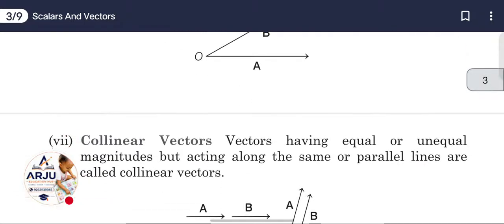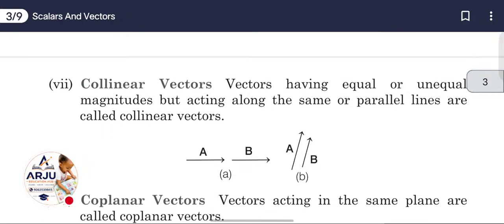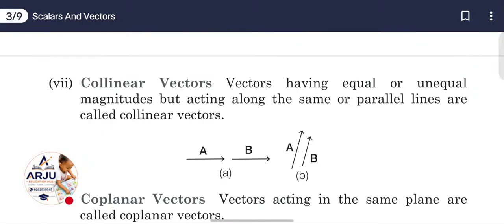Now next one, collinear vector. Collinear vectors having equal or unequal magnitude but acting along the same or parallel lines are called collinear vectors. Now here in the collinear vector you can see the figure A and B. In figure B, both are parallel to each other, but they are not equal to each other.